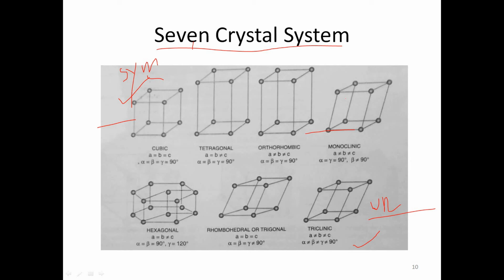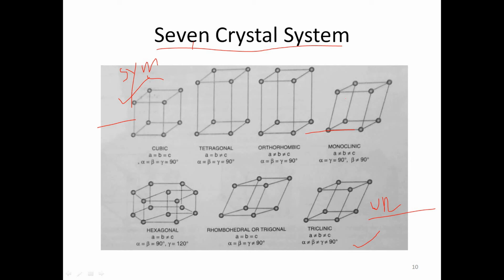Now, not all crystals have atoms only at corners. We have already discussed body-centered, face-centered and end-centered unit cells. They contain constituent particles at other positions also, other than the corner positions.